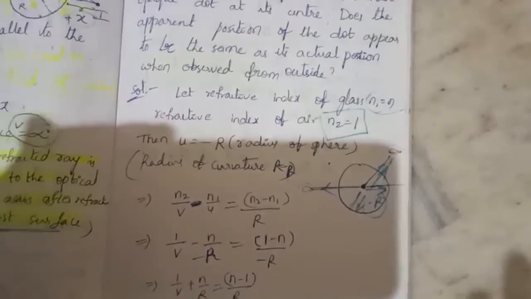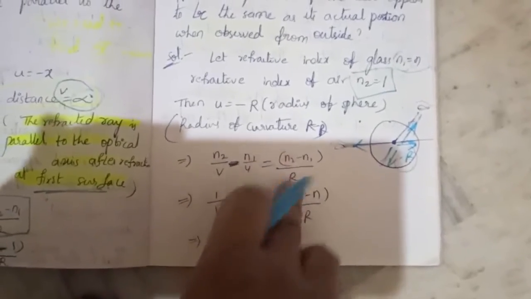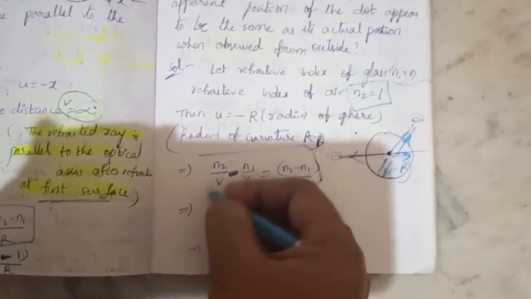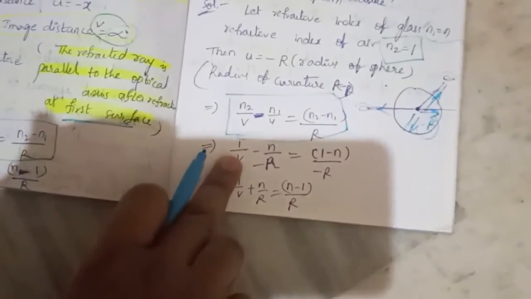So in the curved surface formula I am substituting: n2 by v minus n1 by u equals n2 minus n1 by r. This is from the derivation. You should remember this formula, children.